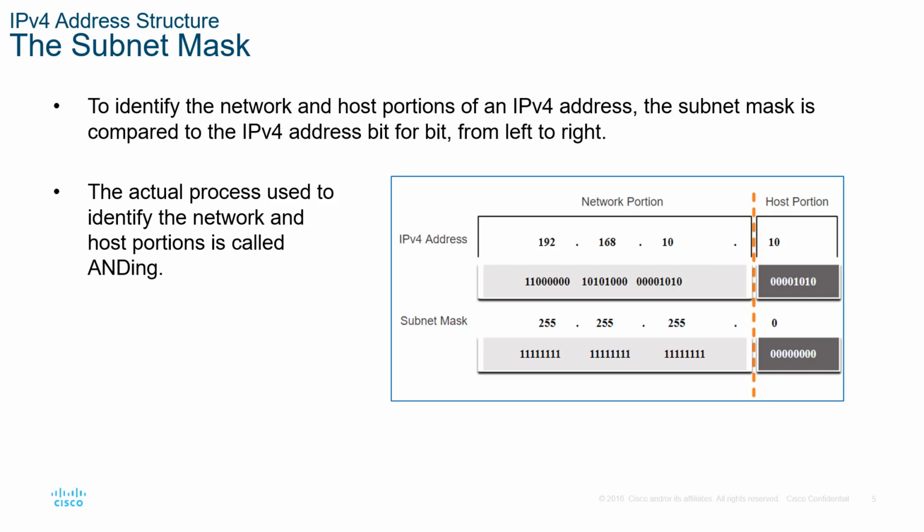It ends after the 3rd octet, the 3rd group of 8s. That means the entire 4th octet is the host portion. This is how most default routers are set up, but this is not how networking is generally structured. We normally have different prefix lengths, or different subnets.